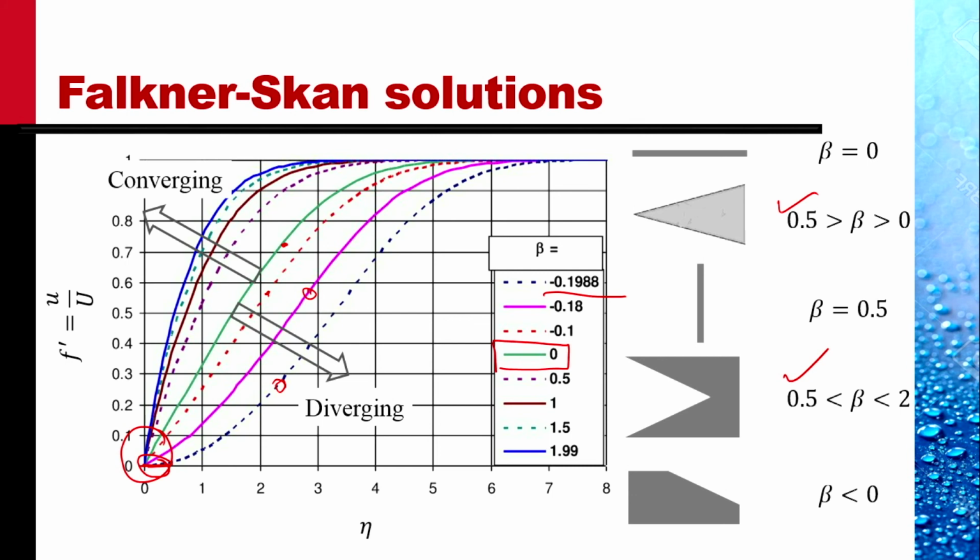So this last line here is what represents separation on the surface. The boundary layer beyond this separates.